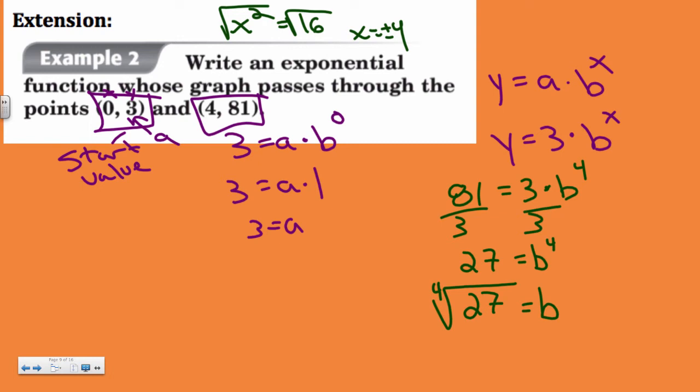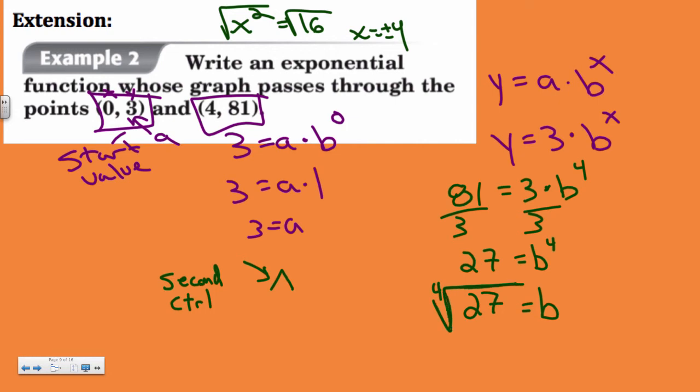On my calculator, normally there is this caret button. But if I hit the second or the control button, depending on what calculator you have, and then hit the caret, it'll come up with a radical that looks like this.